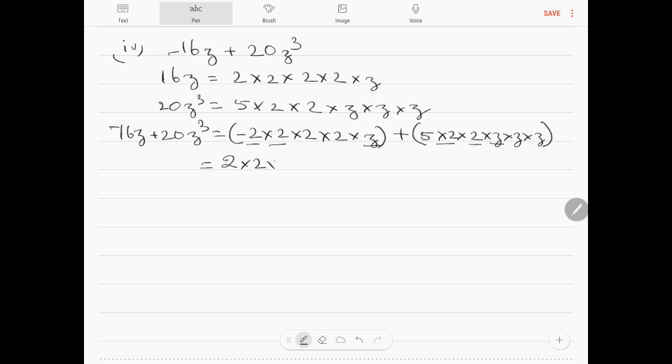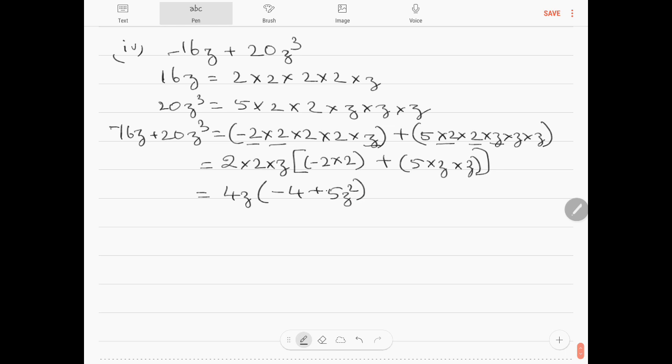So 2 into 2 into z. The remaining term will be minus 2 into 2 plus 5 into z into z, which is equal to 4z into minus 4 plus 5z square.